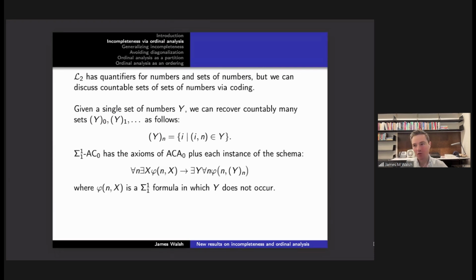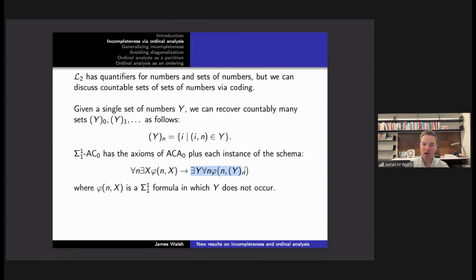So we're going to be interested not only in ACA0, but in a theory called sigma 1-1 axiom of choice. Sigma 1-1 axiom of choice has, as axioms, all the ACA0 axioms, plus each instance of a certain choice schema. So what does the choice schema say? It says, suppose that for every n, there exists an x such that phi(n, x). So you're supposing that each number is related to some set by this relation phi. And of course, the set depends on the number.